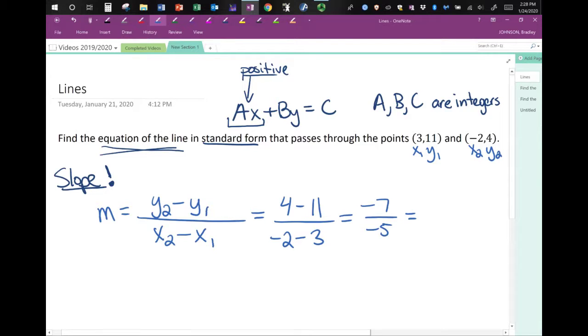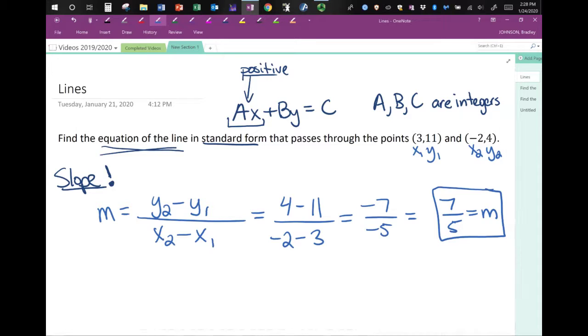Notice we have a negative divided by a negative. That's really like a negative times a negative, which creates a definite positive value. And 7 and 5 have nothing in common; they're both prime numbers. So our slope, I'll label this m again, will be this positive 7/5.